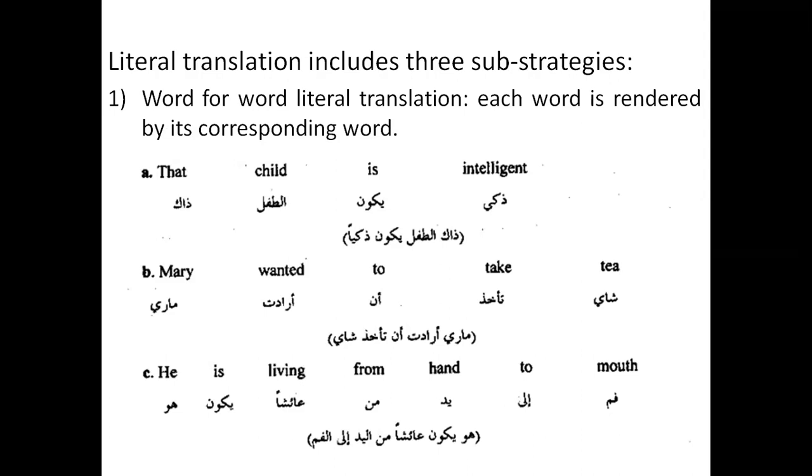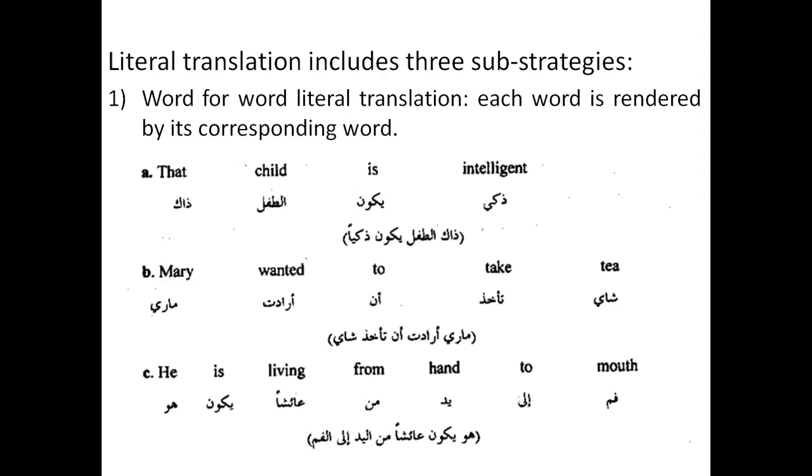In Arabic, that is rendered as ذاك, child as الطفل, is as يكون, and intelligent as ذكي: ذاك الطفل يكون ذكيا. As we see, the source text has 4 words and the target text also has 4 words, so the number of words is kept the same. The second thing, as you see, is that the verb to be is rendered as yakun.